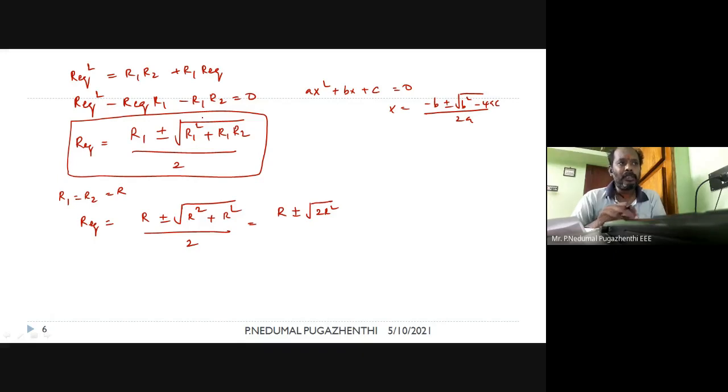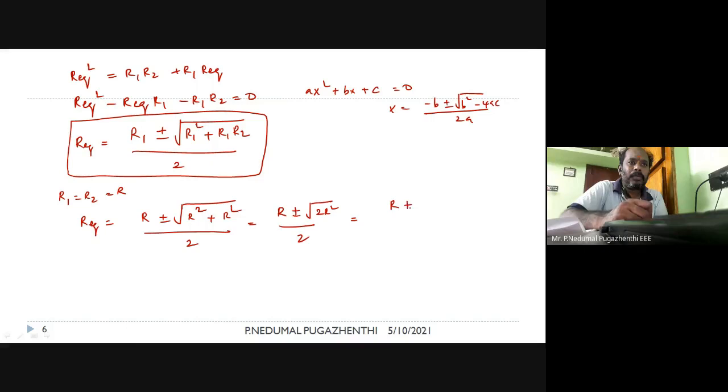R1 is equal to R, R2 is also equal to R. What happens? R1 I can replace with R and R2 I can replace with R. So what will I get? R squared plus R1 into R2, which is R into R, so it is R squared. So square root of R squared, divided by 2. So what will you have?